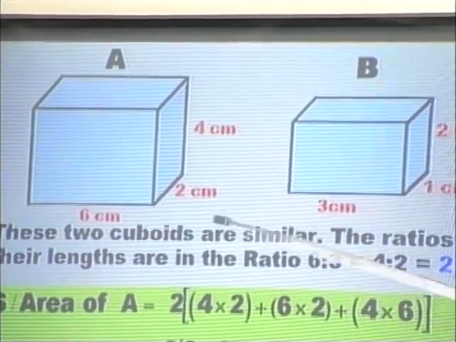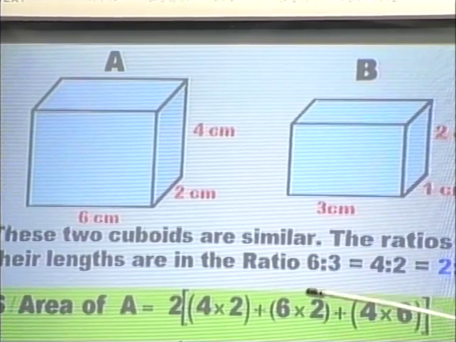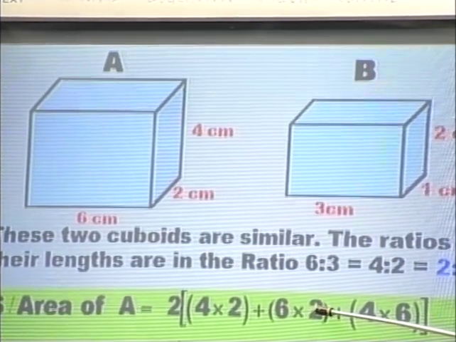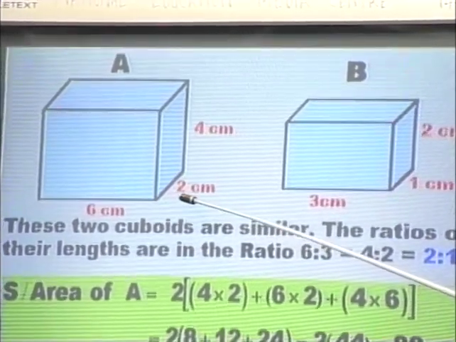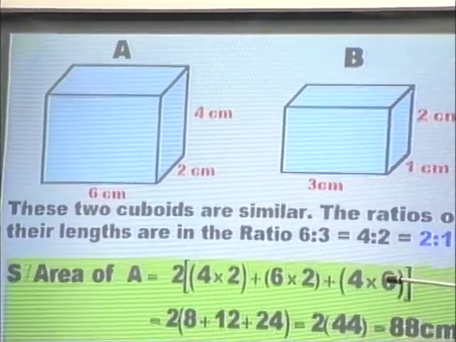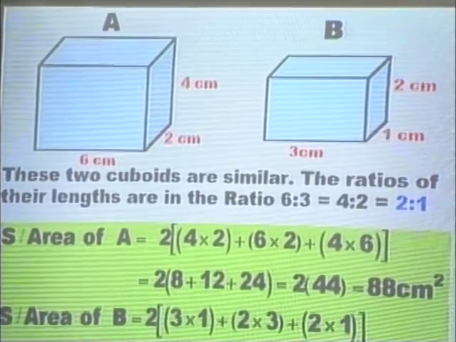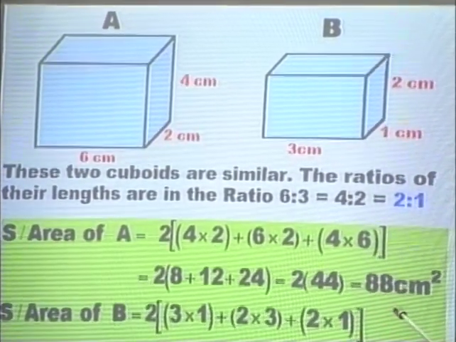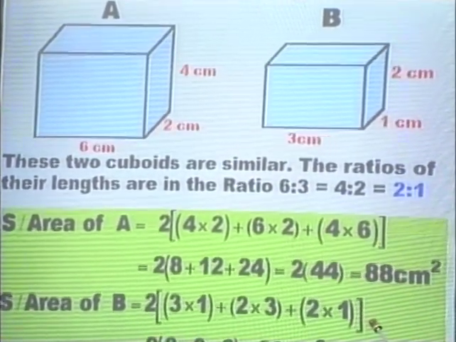The first one, 4 times 2, is the area of this, and I multiplied by 2 to get that. Then the top, which is 6 times 2, is the same as the area of the bottom, multiplied by 2, and then 4 times 6, which is the area of the front and the back, I multiplied that by 2 as well. When I did that, I got the surface area of this one to be 88 square centimeters.